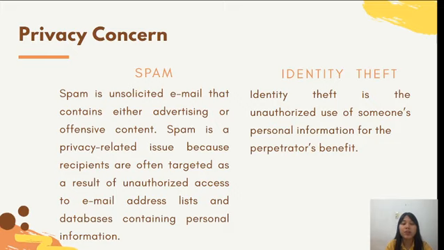Spam is a privacy-related issue because recipients are often targeted as a result of unauthorized access to email address lists and databases containing personal information. 2. Identity theft. Identity theft is the unauthorized use of someone's personal information for the perpetrator's benefit.